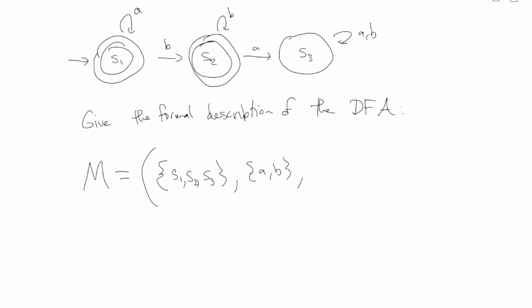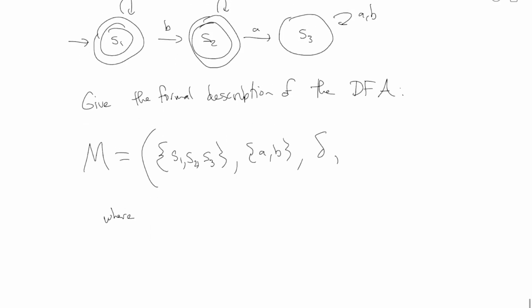The next thing is the transition function, which is a big thing that you have to write all the possible values of. You can't squeeze them into the tuple, so I usually will do it this way. Down here I'm going to say where delta, and then I'll describe the values of delta down there. Anyway, the next thing is the starting state, which is S1. And finally, the set of accepting states, which is S1, S2.